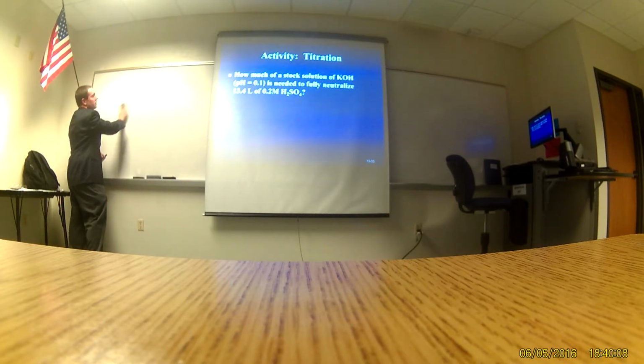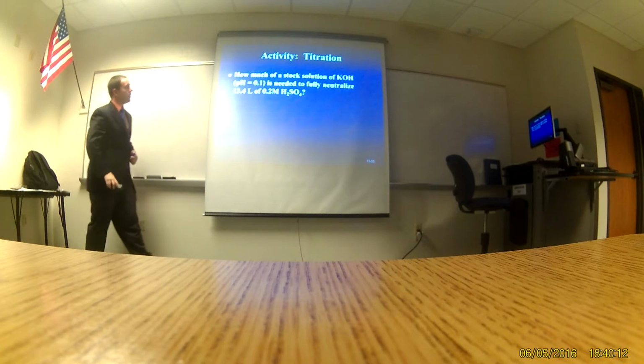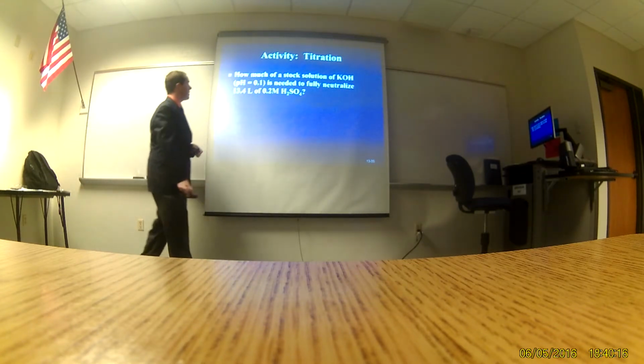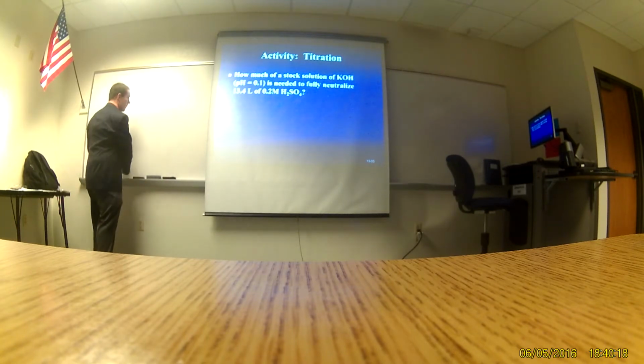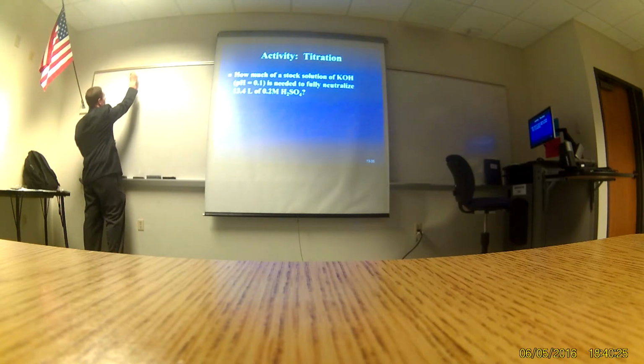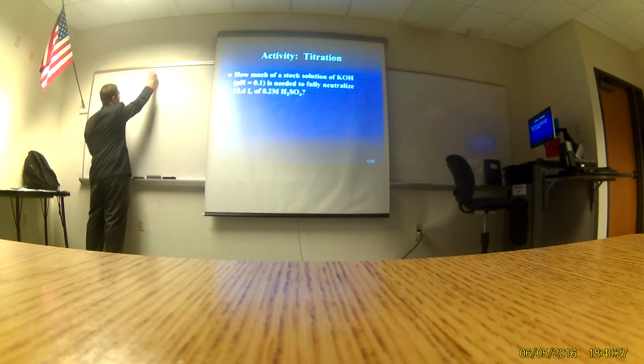So it says how much of a stock solution of KOH, and our KOH has a pH of 0.1, is needed to fully neutralize 13.4 liters of 0.2 molar H2SO4. So we have C1 V1 equals C2 V2.